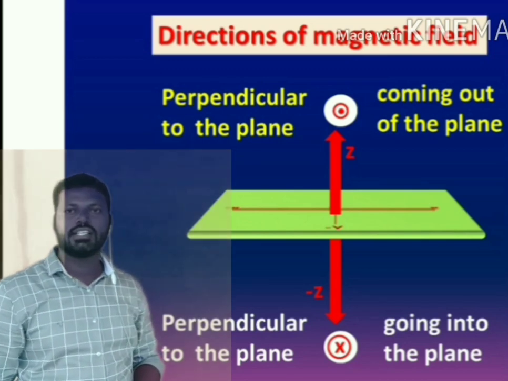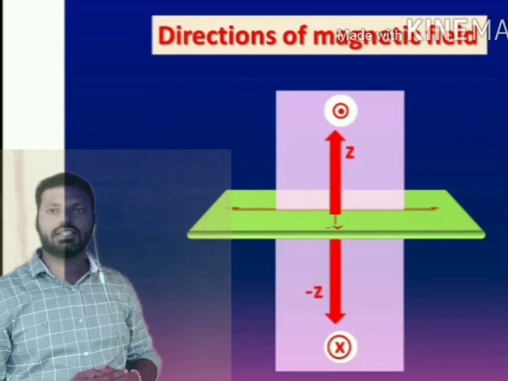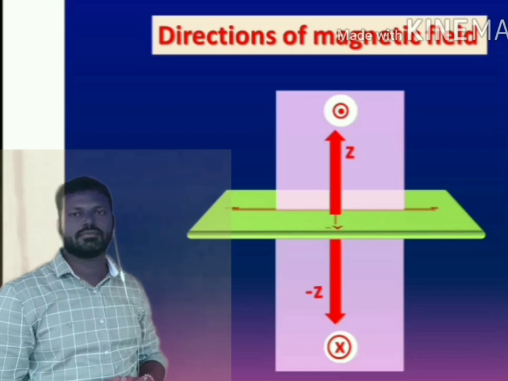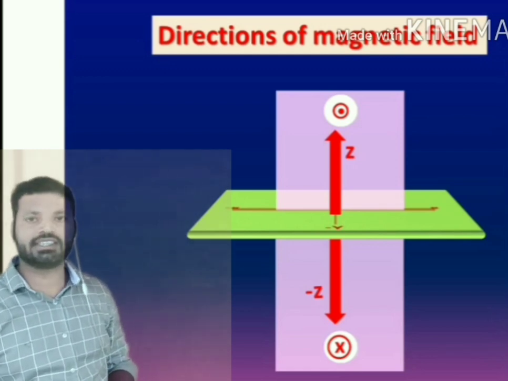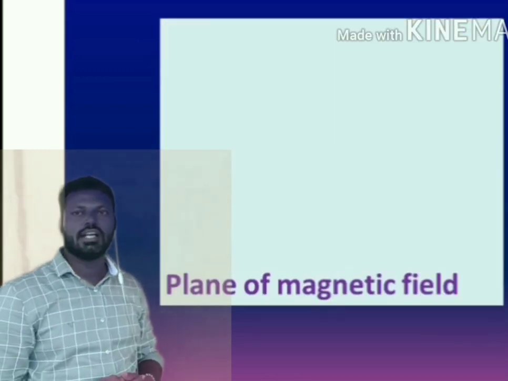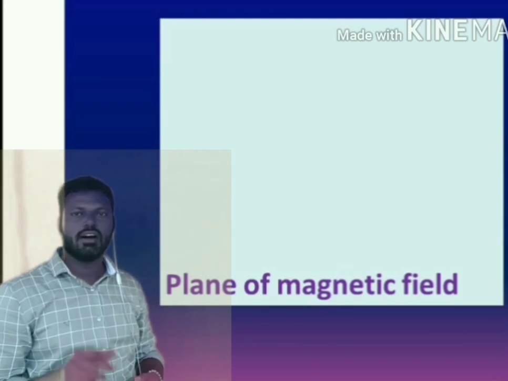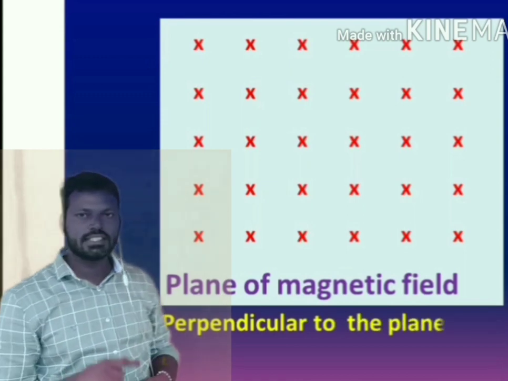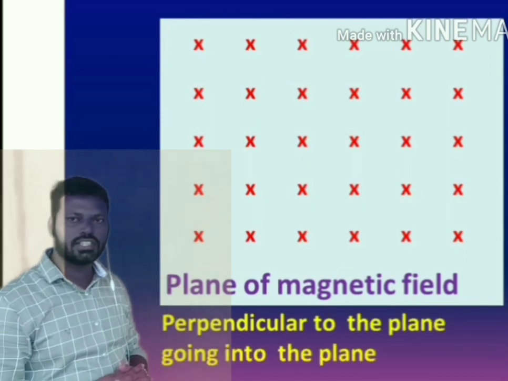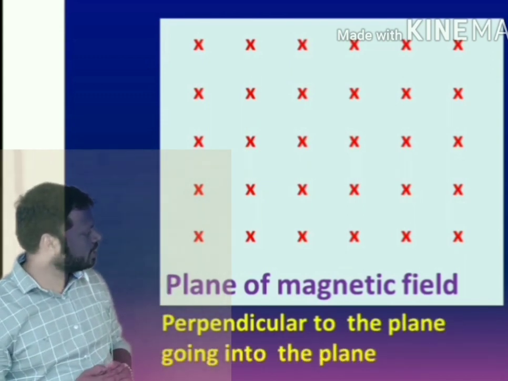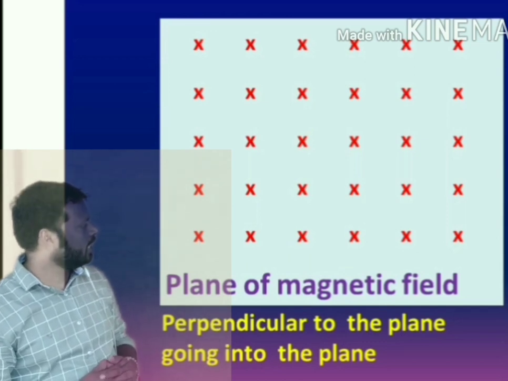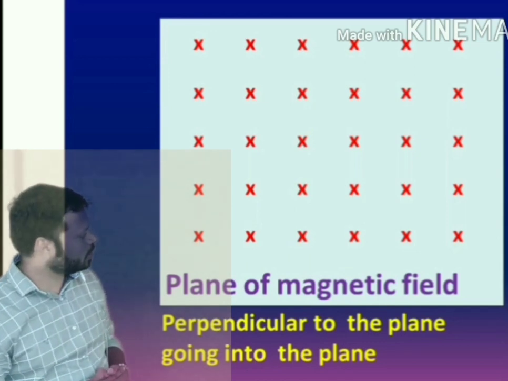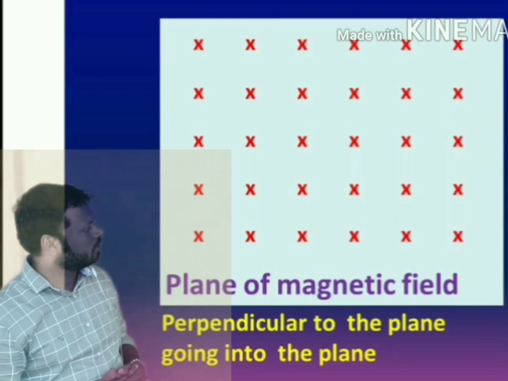Generally, magnetic field is indicated with dot and cross marks. Example, this is a plane of magnetic field and in this plane all marks are cross marks. This indicates this is a magnetic field plane in which the direction of the magnetic field is perpendicular to plane and it is going into the plane like this.